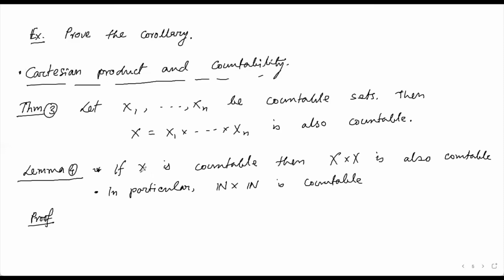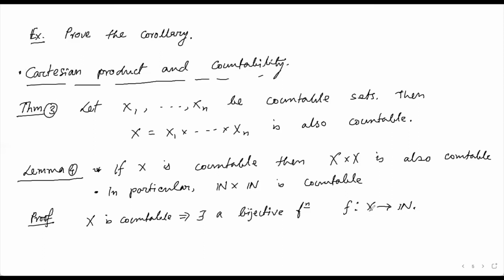By hypothesis, what is our hypothesis? The hypothesis is X is countable. So X is countable implies there exists a bijective function, let's say f from X to the set of all naturals.